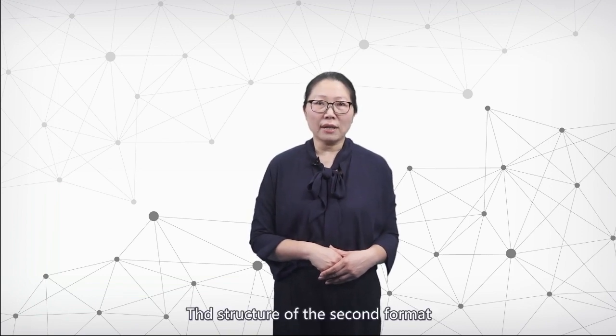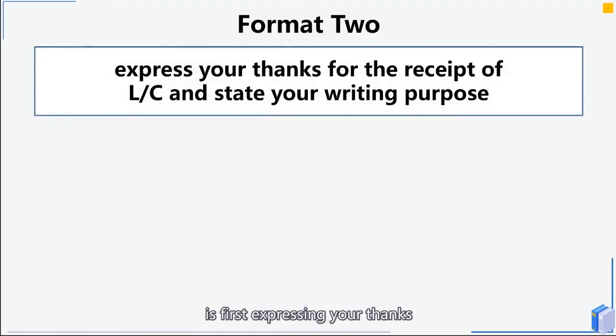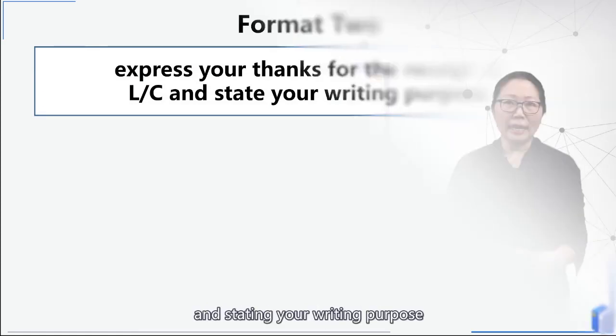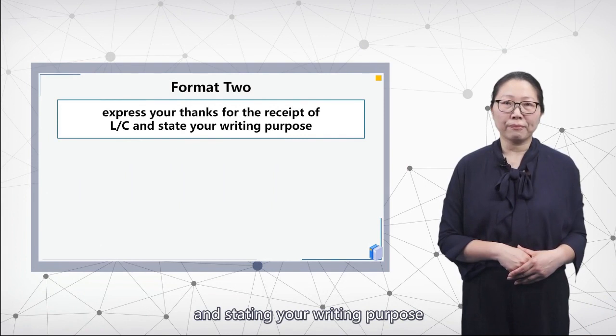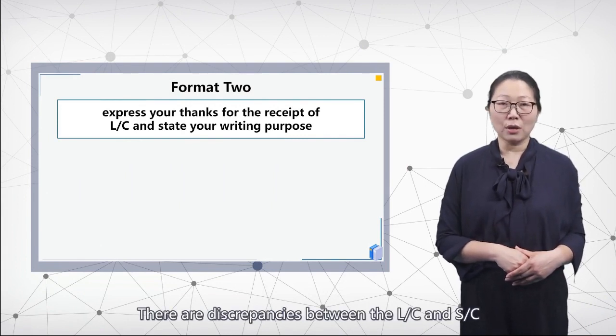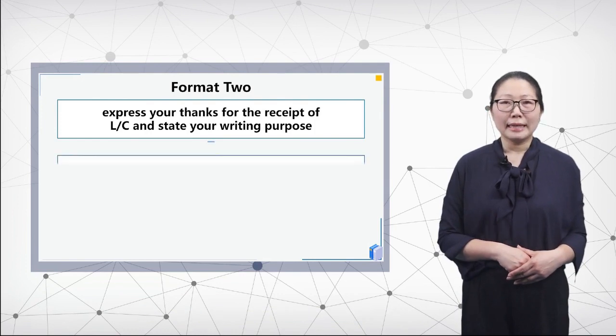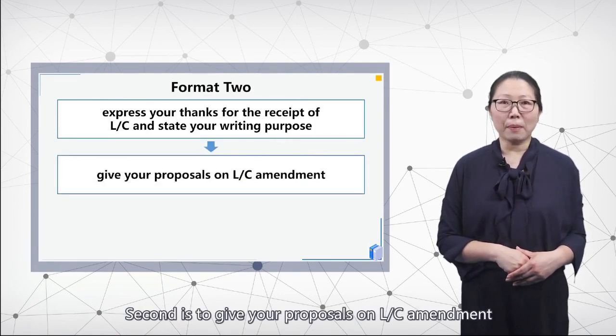The structure of the second format is first expressing your thanks for the receipt of the LC and stating your writing purpose. There are discrepancies between the LC and SC. Second is to give your proposals on LC amendment.